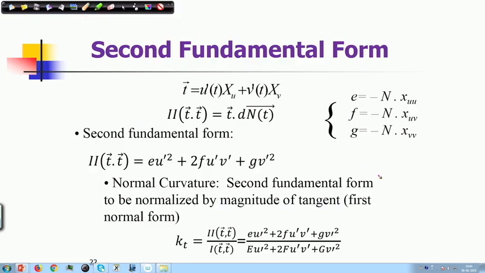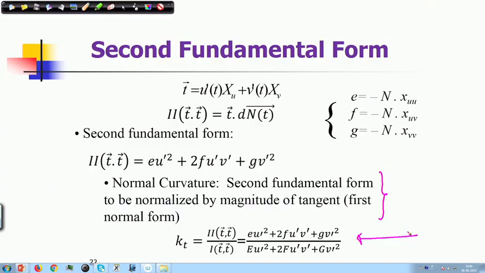This is what normal curvature is, the second fundamental form normalized, and as you can see, this is the expression for normal curvature at a surface point for any particular curve described by the parameter t, and also in the corresponding tangent directions along that curve.